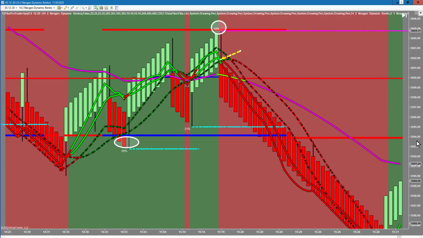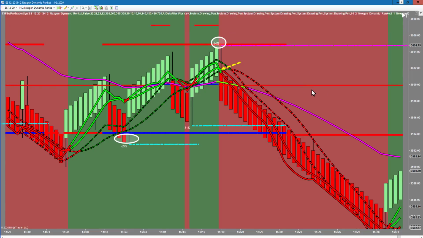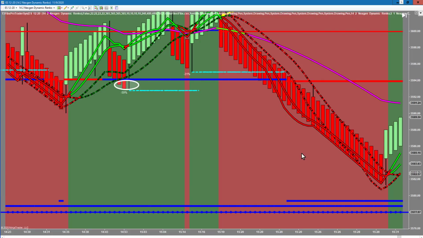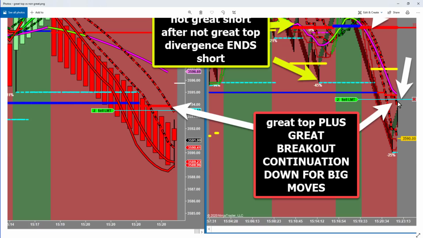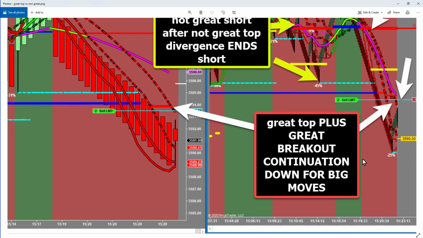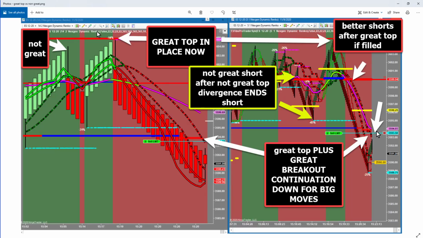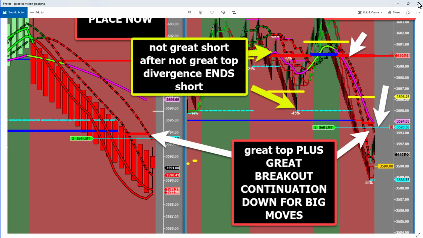And ultimately, this was the trade setup right here. And when you're doing a trade, this is what it looked like yesterday when we were putting the order in. We recognized a good top, we recognized a break of a fib, and then the trade setup becomes very, very obvious.